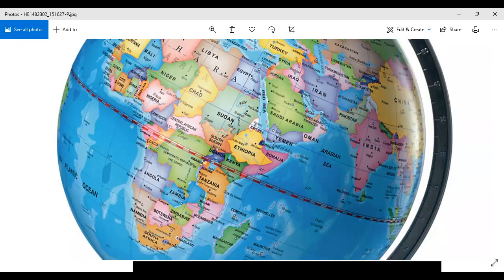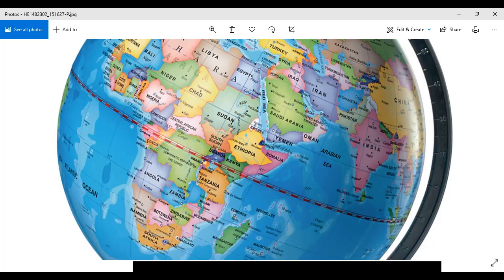Then on one side we have Afghanistan, then we have Iran, but Pakistan shares one border with India and the other one with Afghanistan, right? And on the back we share a border with China. Okay.